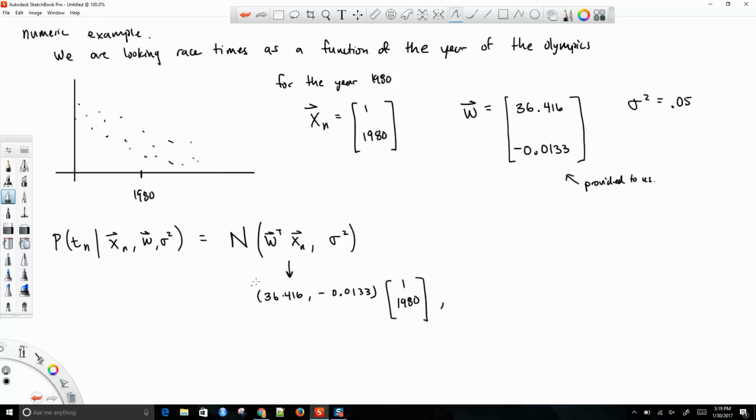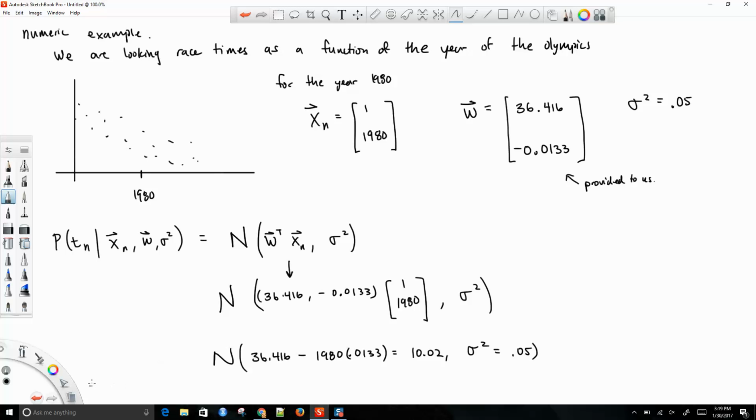This is our mean, and then sigma squared is 0.05. When you multiply this out, you get 36.416 minus 1980 times 0.0133, which equals 10.02, and sigma squared is equal to 0.05.